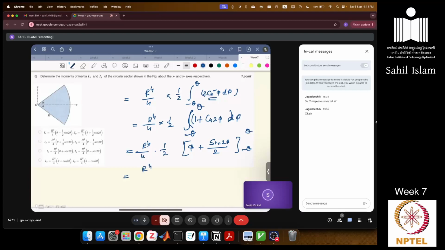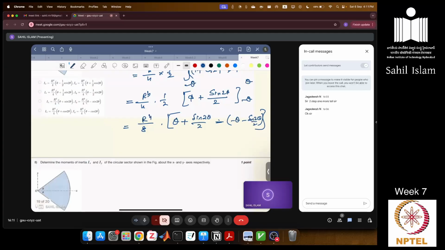That is r to the power 4 by 8 times theta plus sin 2 theta by 2, minus minus theta minus sin 2 theta by 2, which gives r to the power 4 by 8 times 2 theta plus sin 2 theta.